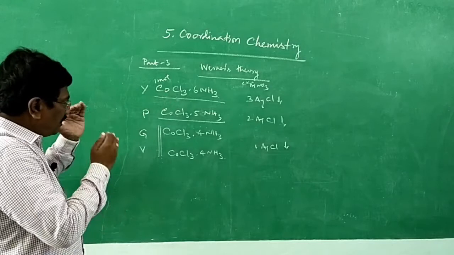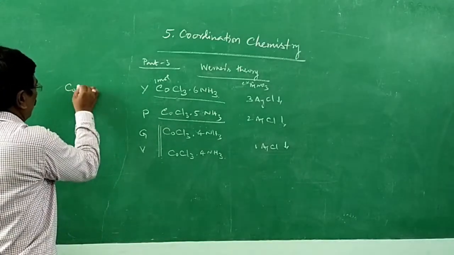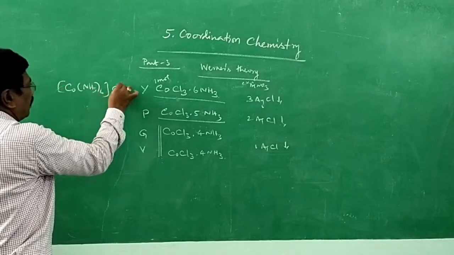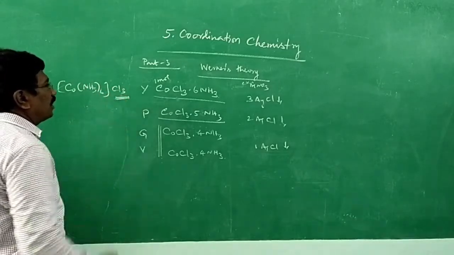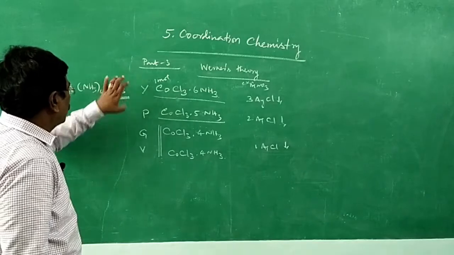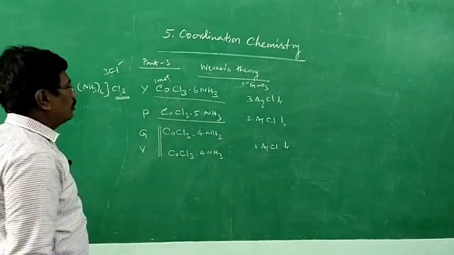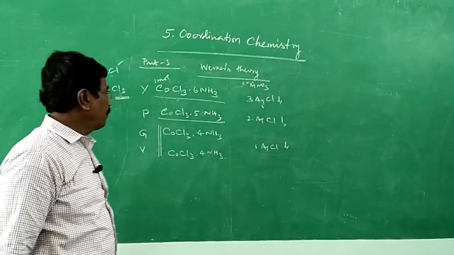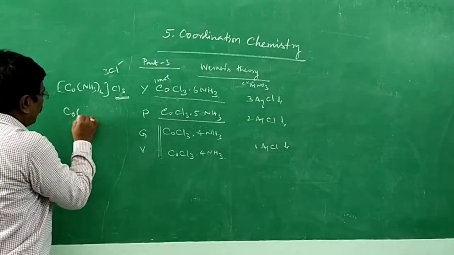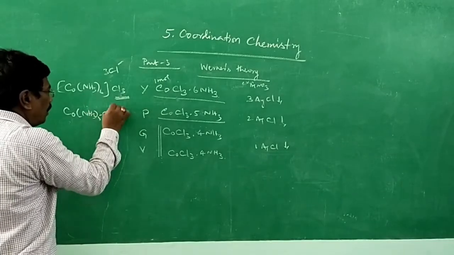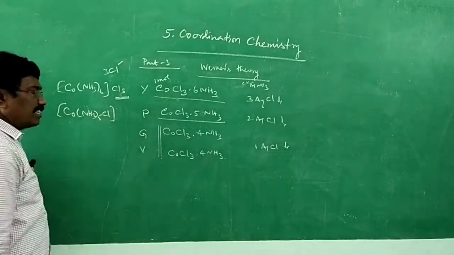Structure-wise, let me give you a clue before I go into Werner's theory. These 3 chloride ions are present outside the coordination sphere. They get ionized to give 3 chloride ions, so 1 mole furnishes 3 chloride ions, therefore 3 AgCl. Here we have only 5 ammonia, so 1 more chlorine goes inside the coordination sphere.